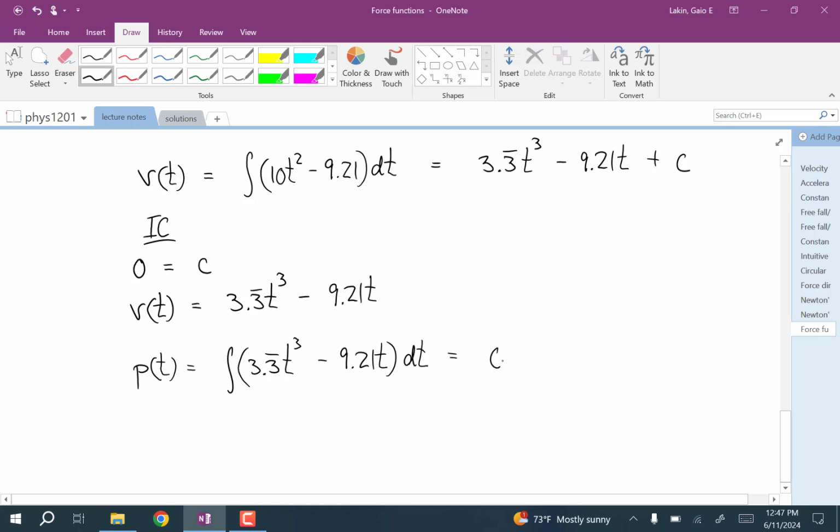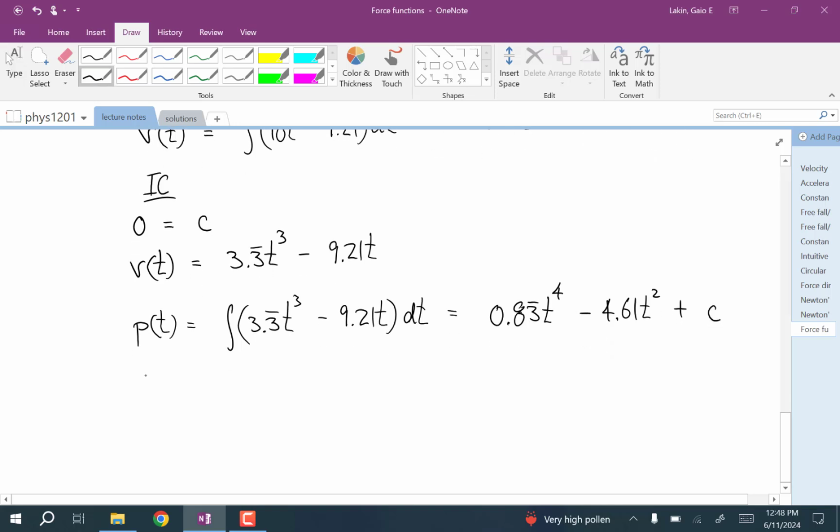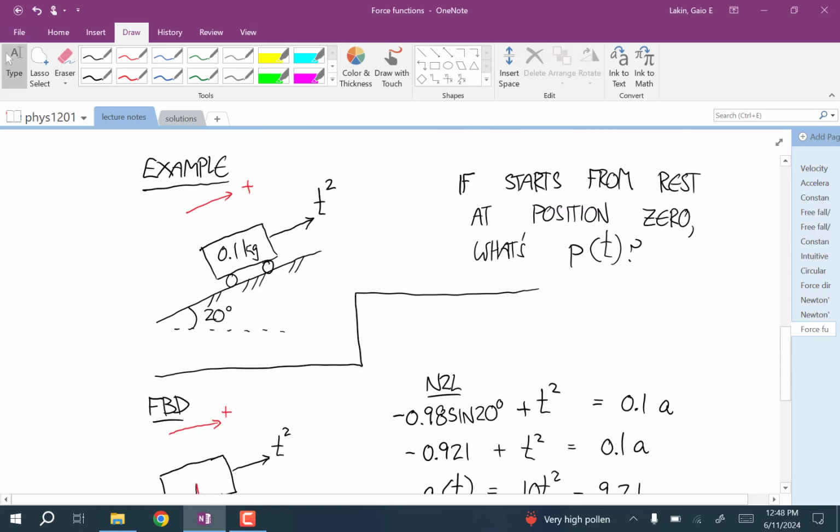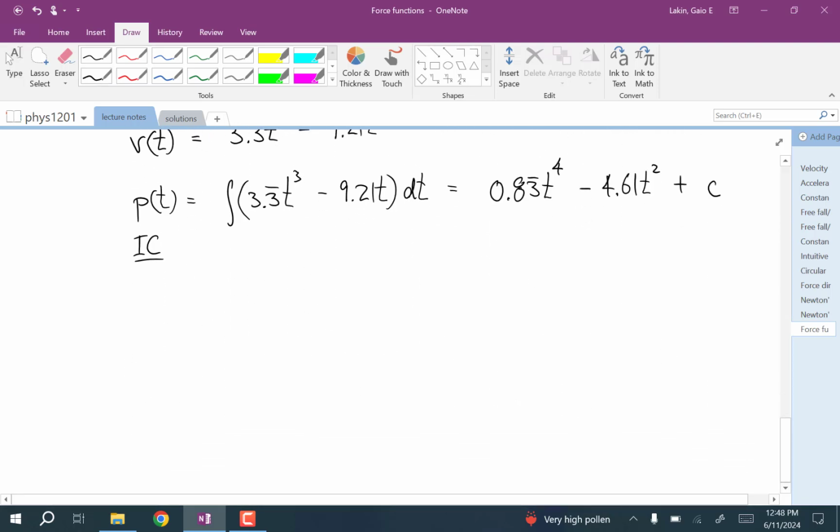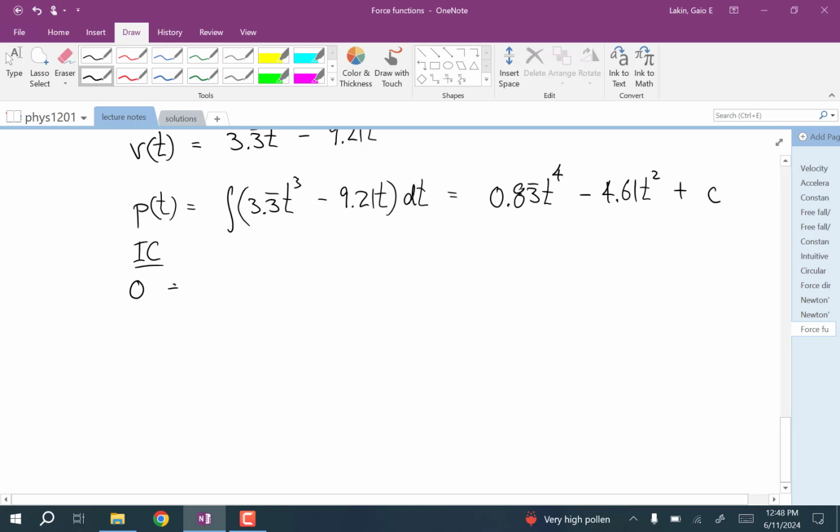And that gives 0.83 repeating t to the fourth minus 4.61t squared plus a new c. And now I'm going to use our initial condition for the position. We're given that when time is equal to 0, the position is 0. And so 0 is equal to 0 minus 0 plus c.